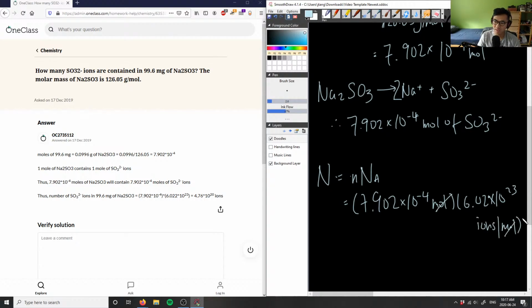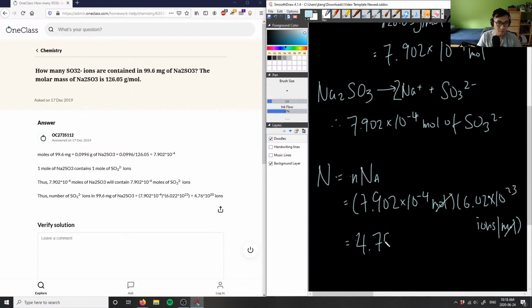And that would make the moles cancel out here. And then you would get your final value of 6.02 times 10 to the 23. You get 4.76 times 10 to the 20, which is exactly the correct answer for this problem. So we have 4.75.